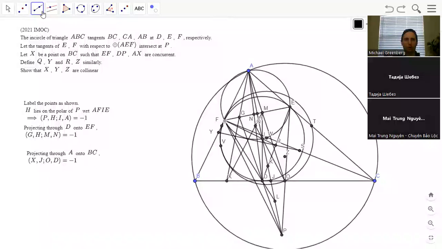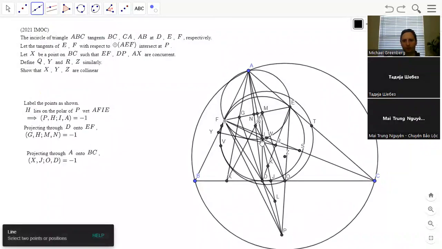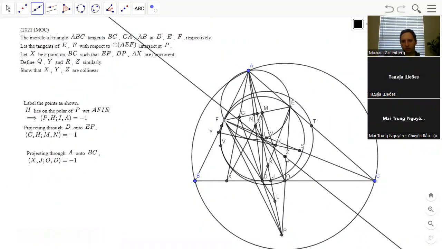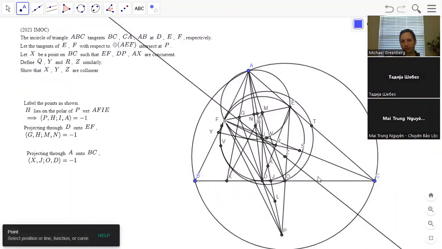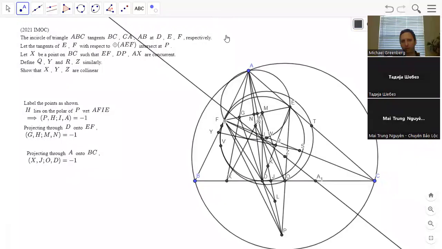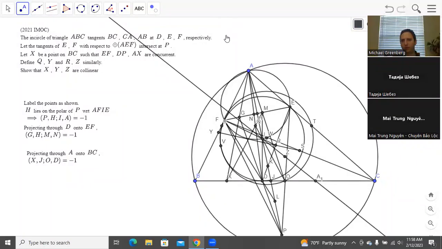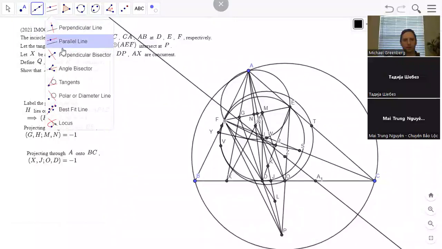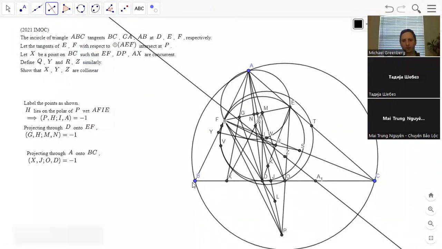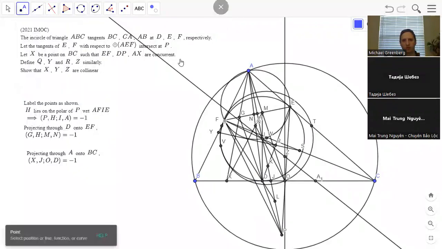So I'll draw it. I'm guessing you mean this point, right? We could take the midpoint of arc BC.